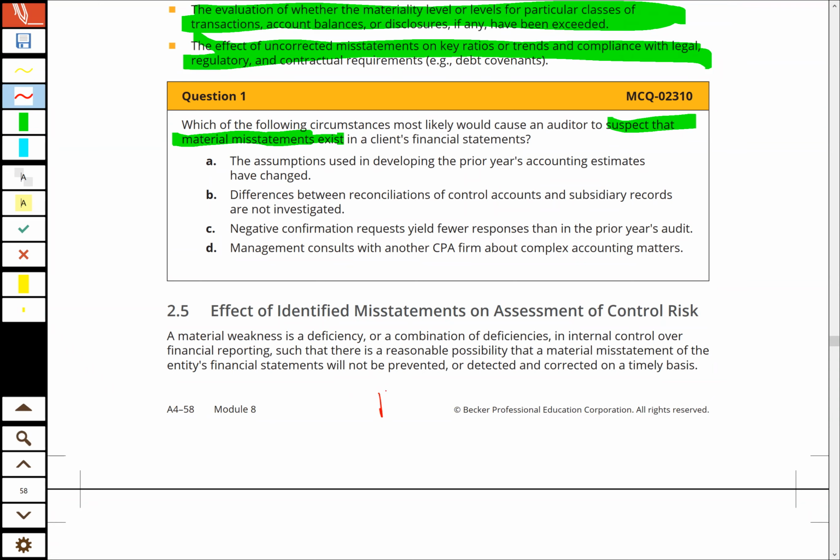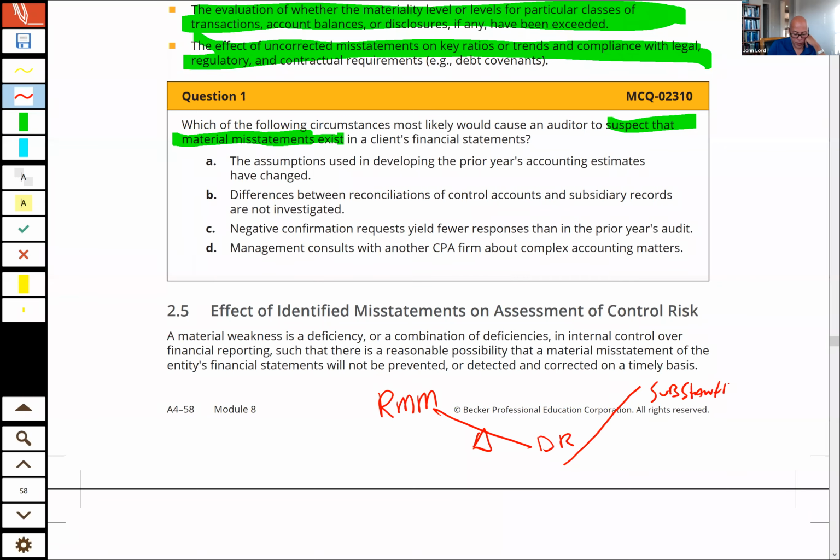High. RMM must be up. If RMM is up, what do I want to do? Lower the detection risk and then increase substantive testing. Okay, good. So we're going to look for the answer that fits within that model, aren't we?